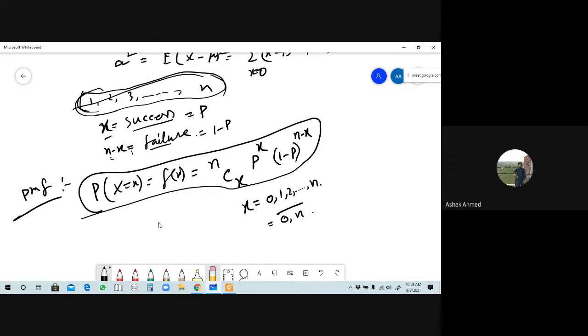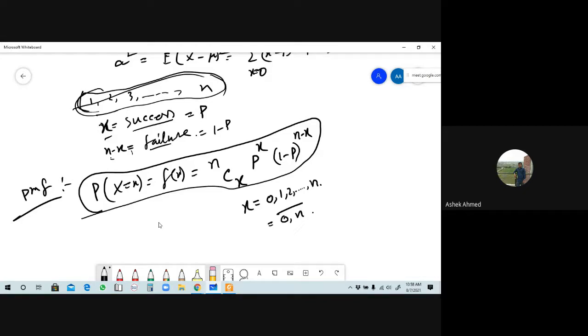Right. In the binomial distribution, we will use a random variable. That variable represents the total number of success. Understand? If we denote the random variable for the binary trial as x, this x represents the total number of success here.